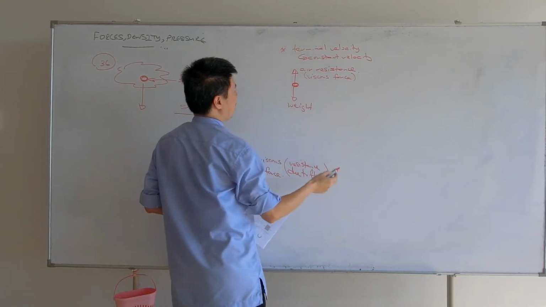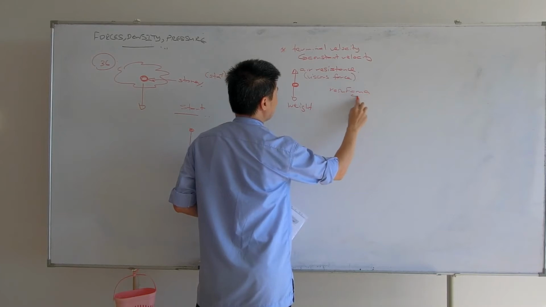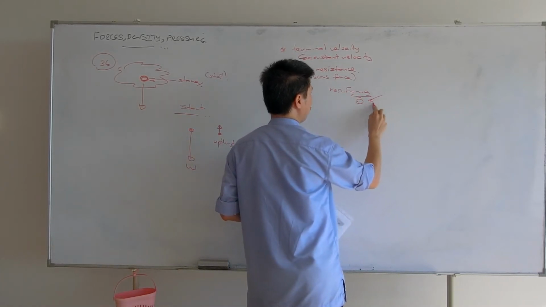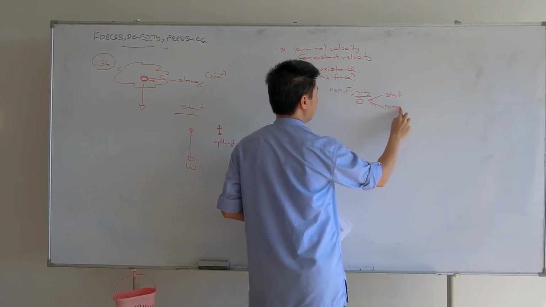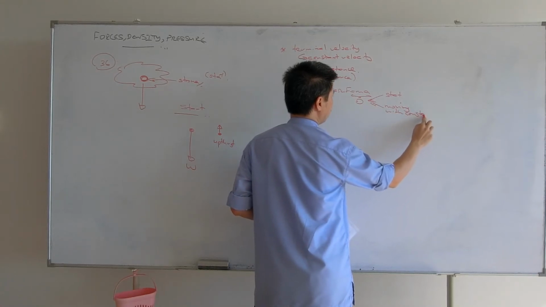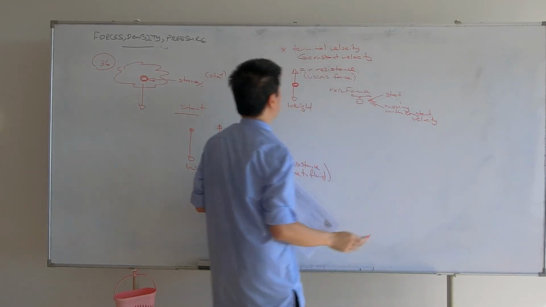Hence, when these two are balanced, the resultant force is equal to ma is equal to 0. Remember again, when resultant force is equal to 0, two things can be happening. An object can be stationary or it can be moving with constant velocity. In this case, terminal velocity, you're just moving down with constant velocity. Not increasing the speed, but just maintaining the speed.